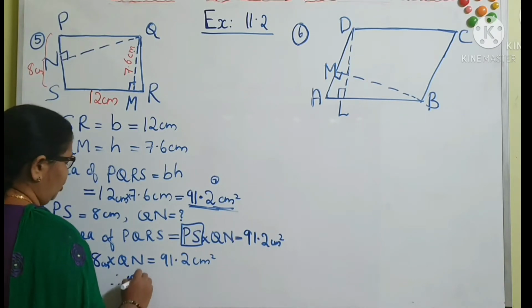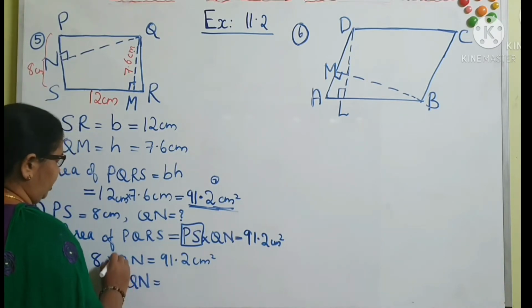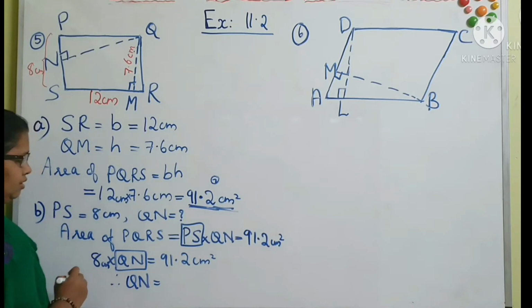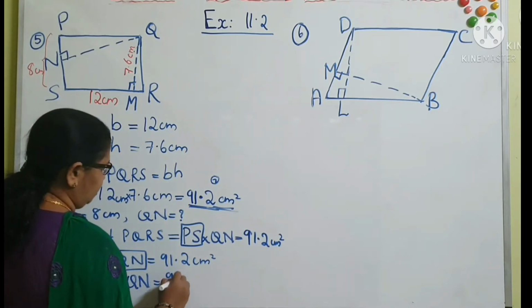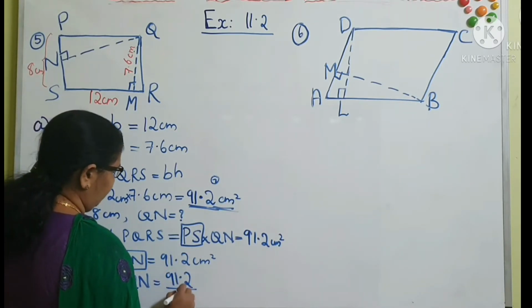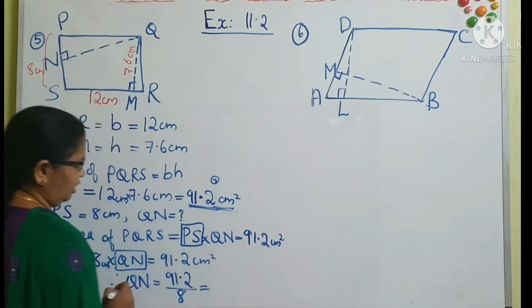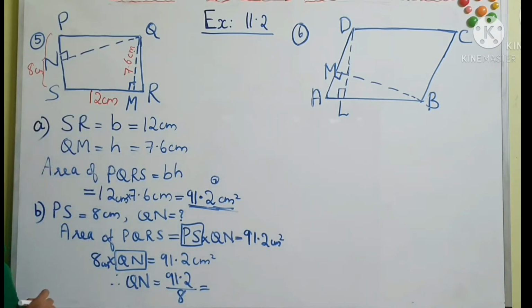Therefore, QN is equal to, we need only QN on the left side. Take that 8 to that side, that is 91.2 divided by 8.